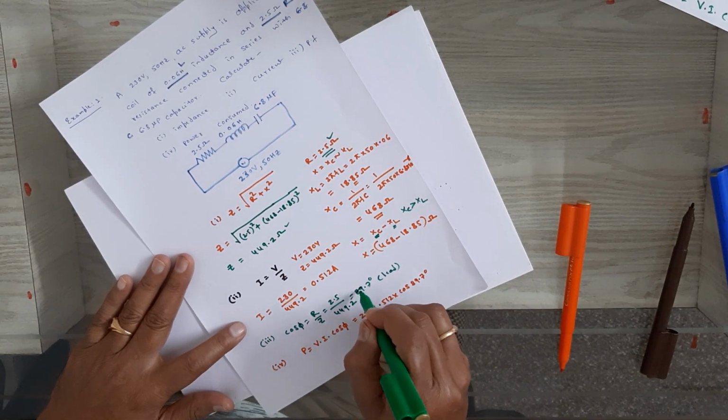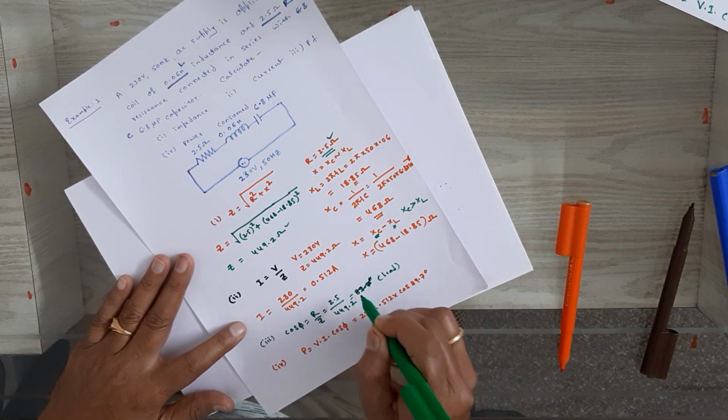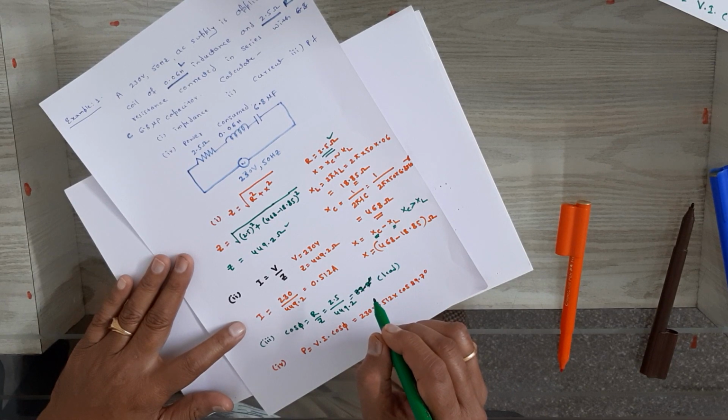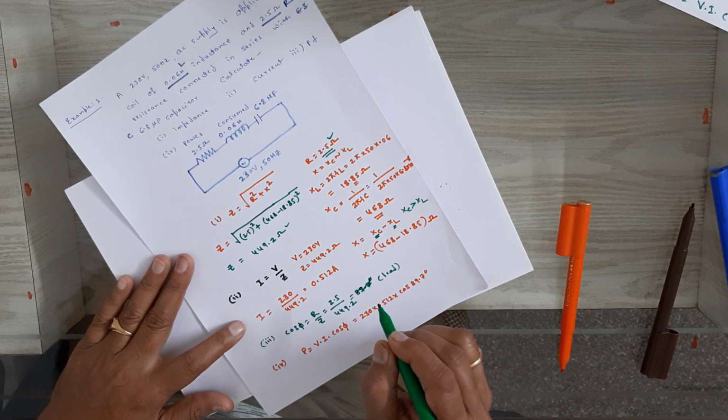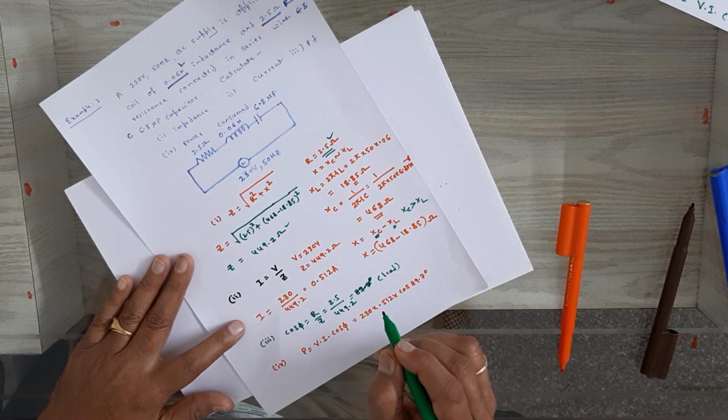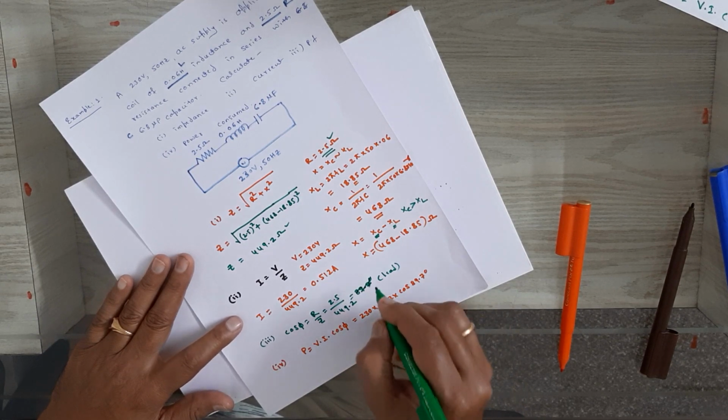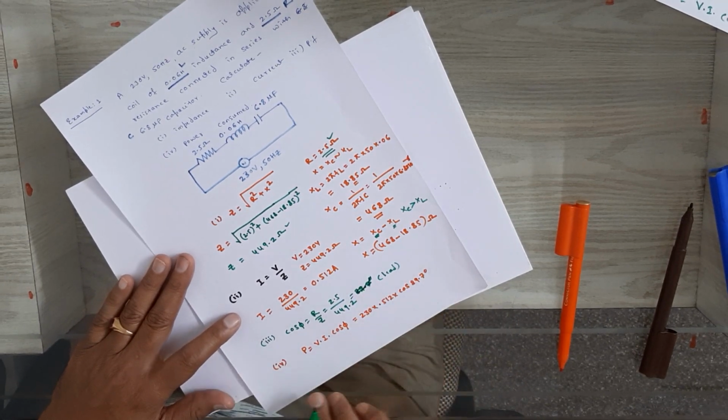Here the angle is 89.7, and we calculate cos of 89.7. You work that out and put it here.